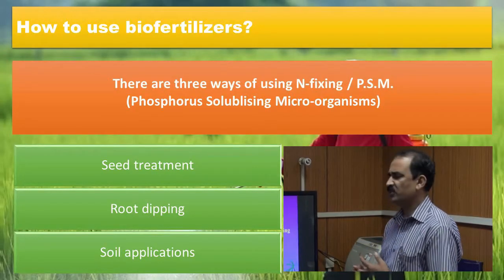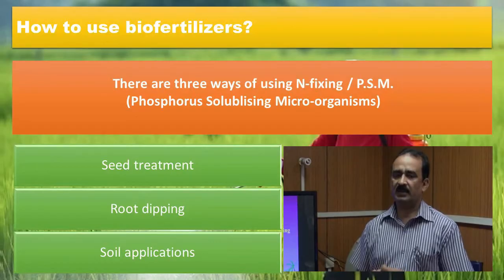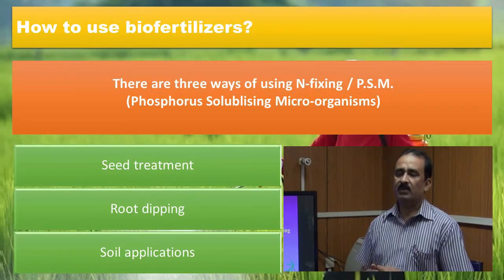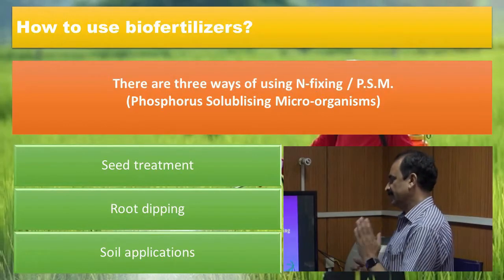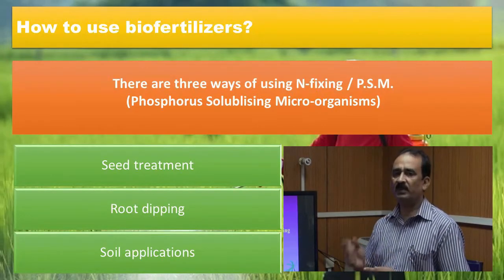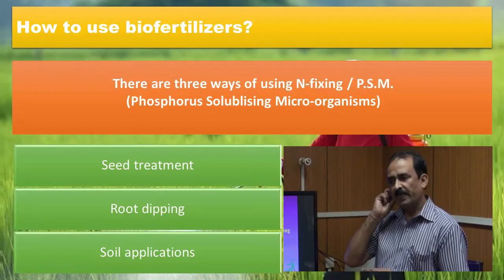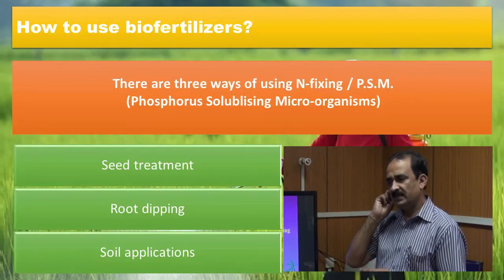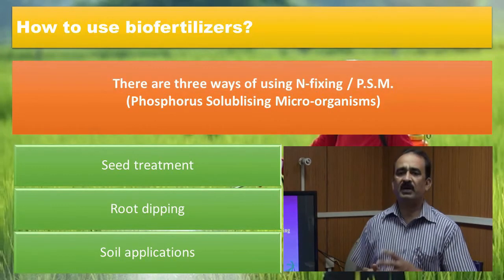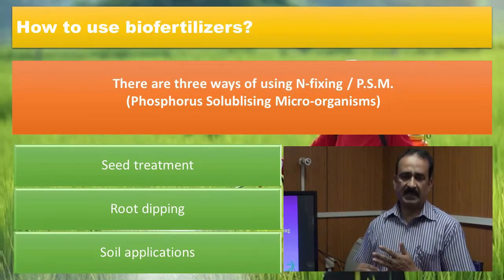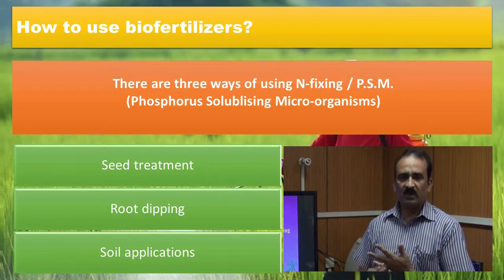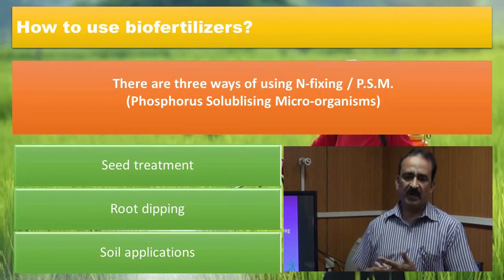Seed treatment is very suitable and very economic, but soil application is more suitable but not economic. So we prefer seed treatment and root dipping. Root dipping is especially for nursery transplanted crops like rice and vegetable crops like chili, tomato, etc.